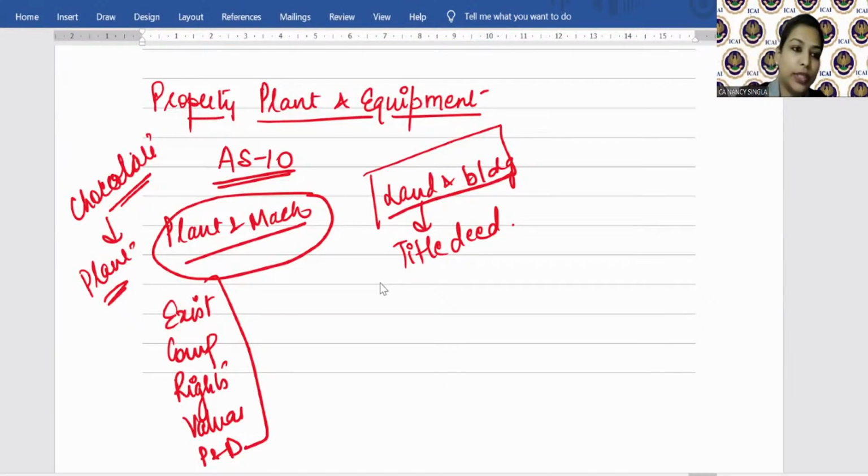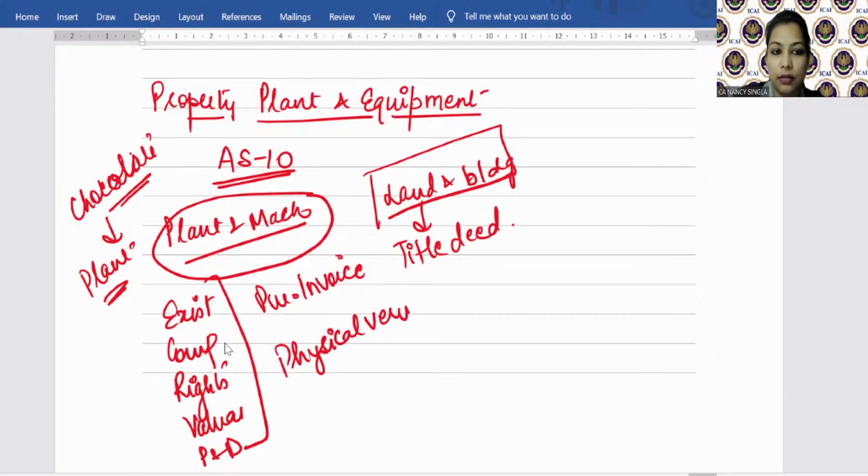So, purchase invoice, absolutely correct. Okay, absolutely correct. You can do physical verification. Okay, who has answered it? Alok.